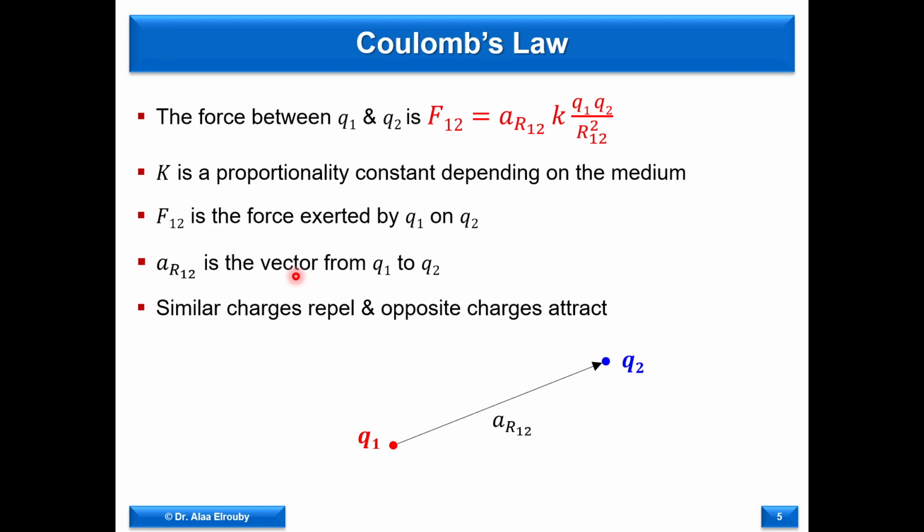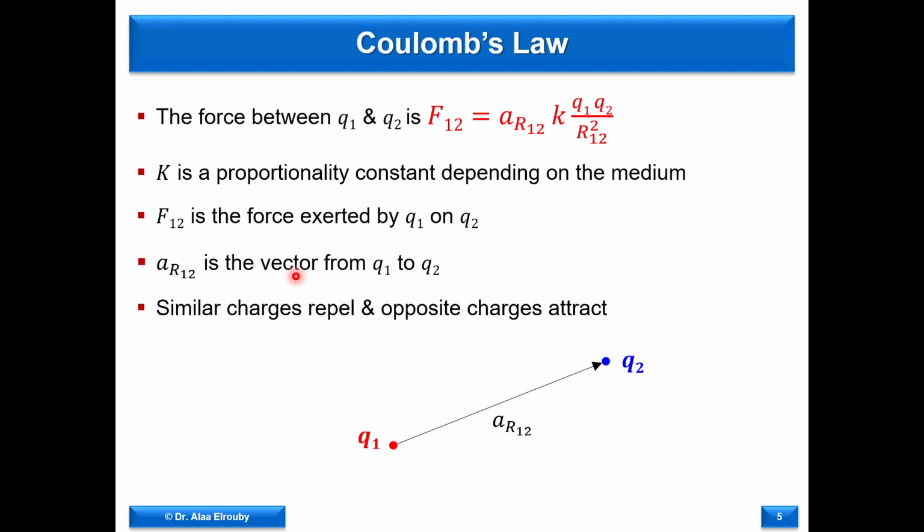Coulomb, a scientist, I think in the 16th century, observed that there is some electric charge and there is a force between electric charges. So when we put two charged objects next to each other, there is a force between them.